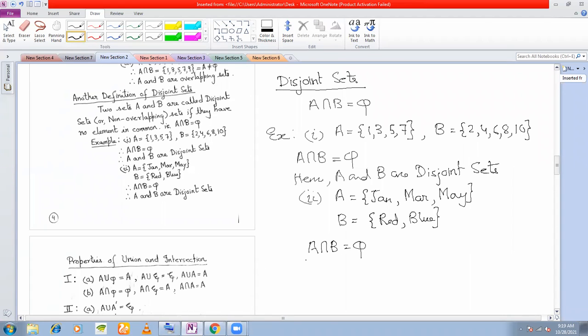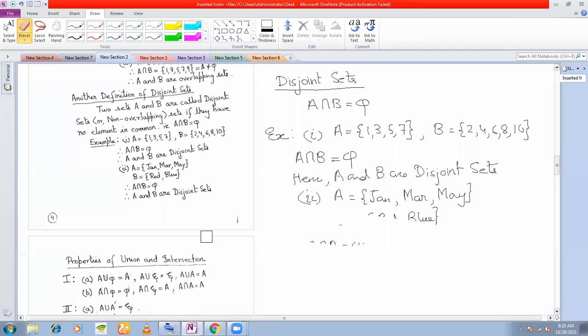A intersection B is a null set. So hence we say A and B are disjoint sets. That is what the definition is. We now come to the next important part, which is called the properties. All these properties you will have to remember.